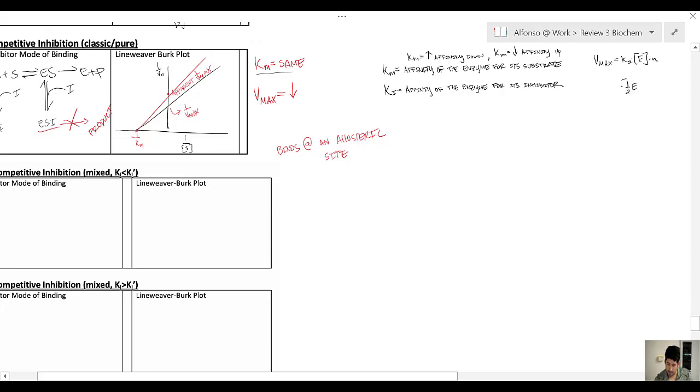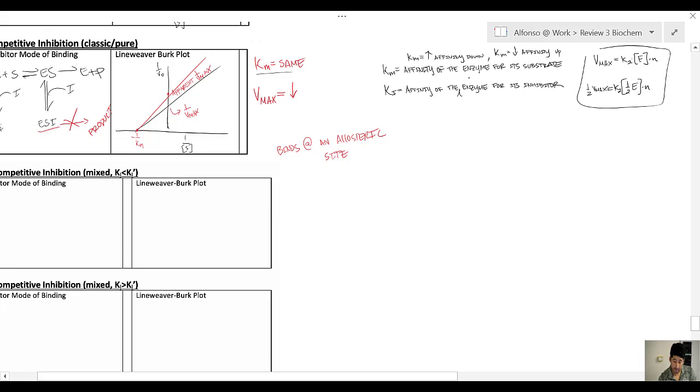If you have 1/2 of the enzymes, then essentially what you have is 1/2 of the Vmax, which is consistent with what Km and Ki are. They're the substrate and inhibitor concentrations at which you've reached 1/2 of either the maximal inhibition or the maximal velocity.